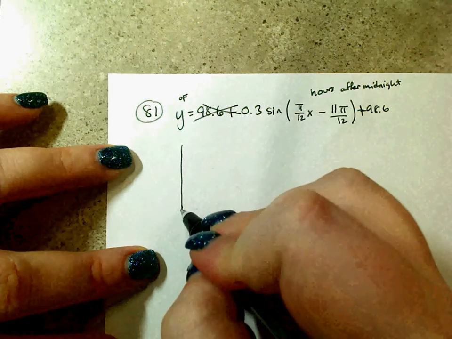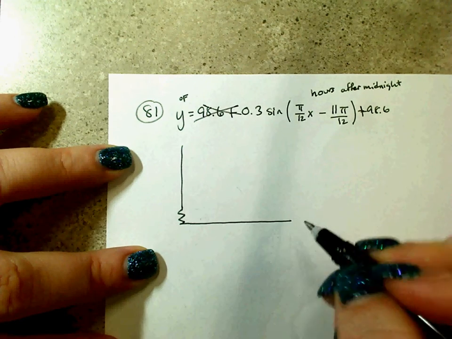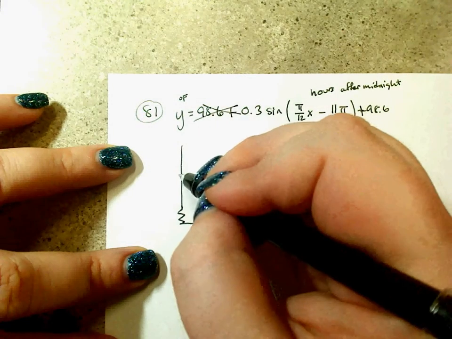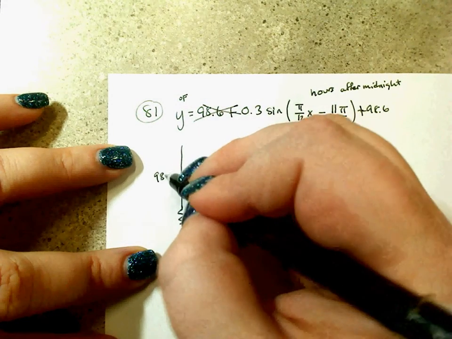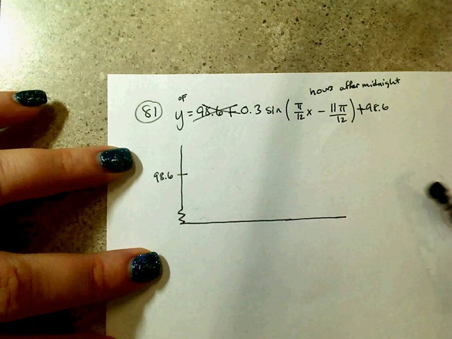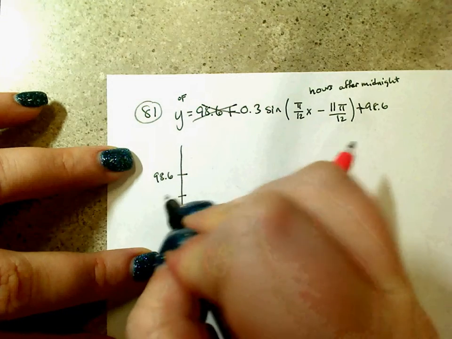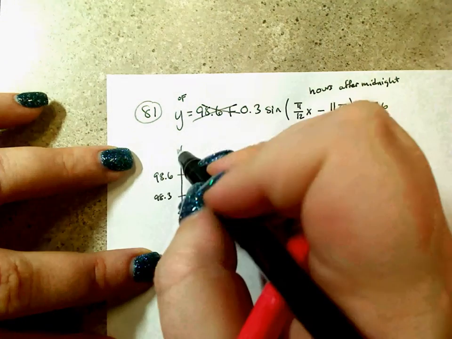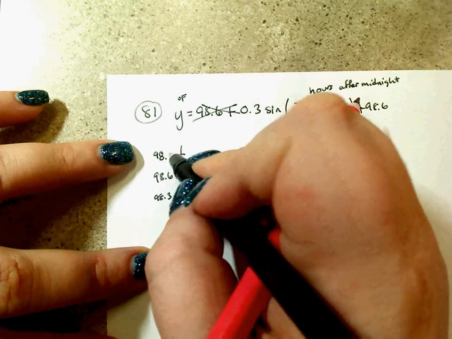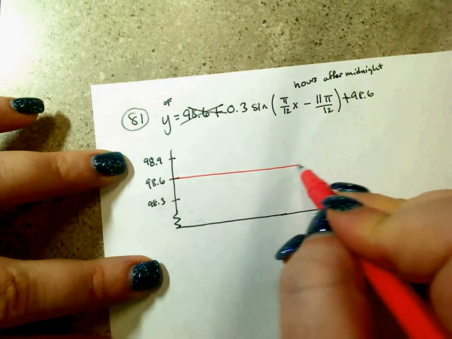We're going to let this be the x-axis, and I'm going to let 98.6 be right here on the y, with a variation of down 0.3 and up 0.3. So down 0.3 would be 98.3, and up 0.3 would be 98.9. So let's go to midline, and we got amplitude.